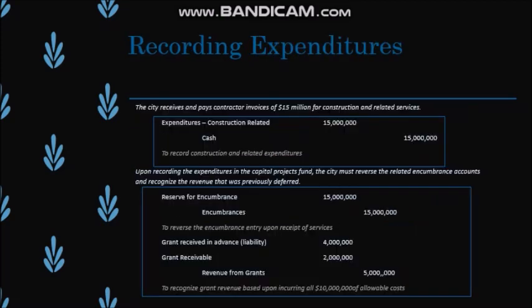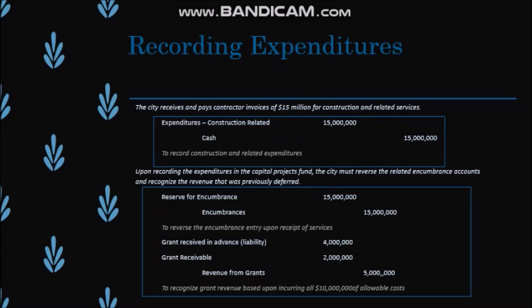So next we are going to look at the recording of expenditures. So the city receives and pays contractor invoices of $15 million for construction and related services. So we are going to debit expenditures construction related for $15 million and we will credit cash also for $15 million.